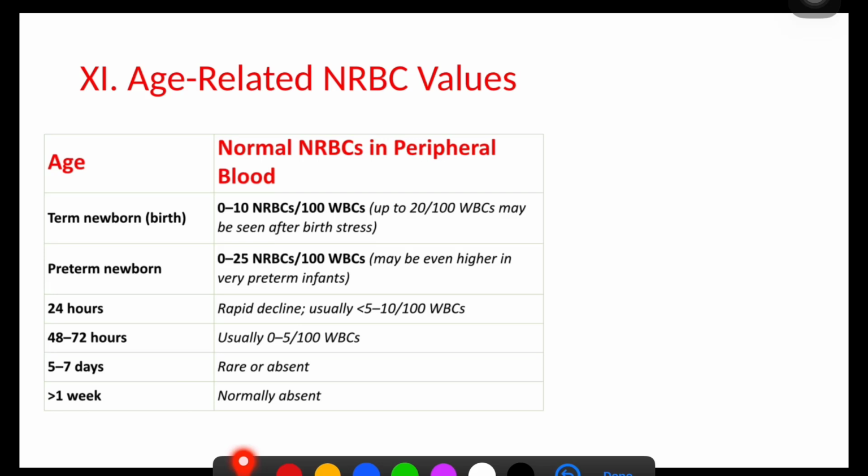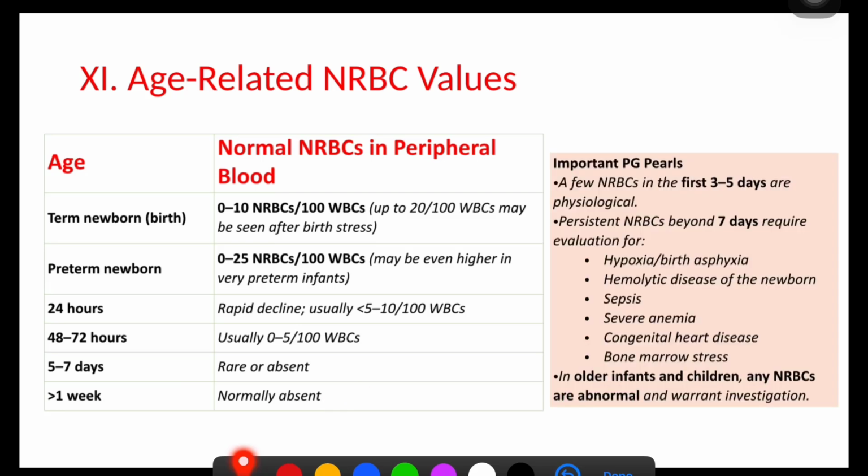At 48 to 72 hours, usually 0 to 5 NRBC per 100 WBC. At 5 to 7 days NRBC are absent or rare, and after more than 1 week normally absent. So what are the important points you have to remember?